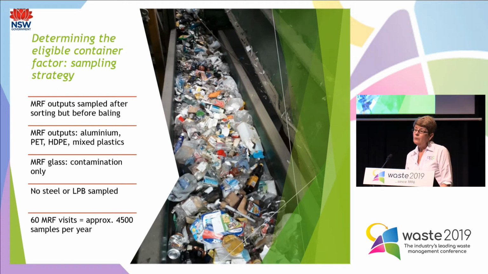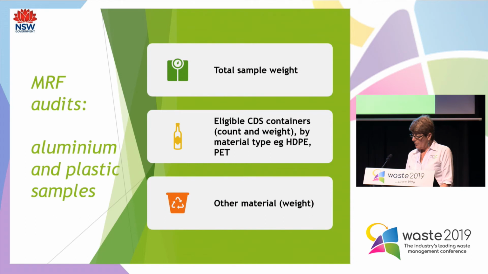And the only thing that we do with glass is we need to sort, sieve and separate out any contamination that is in the glass. Currently we're required to do 15 MRFs per quarter, so 60 MRFs a year, and about 4,500 samples per year are undertaken at the MRF.